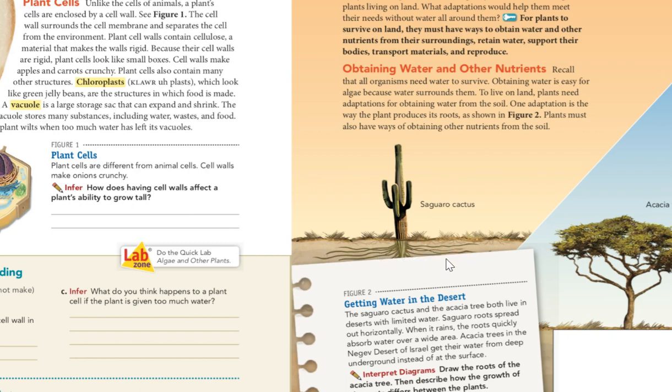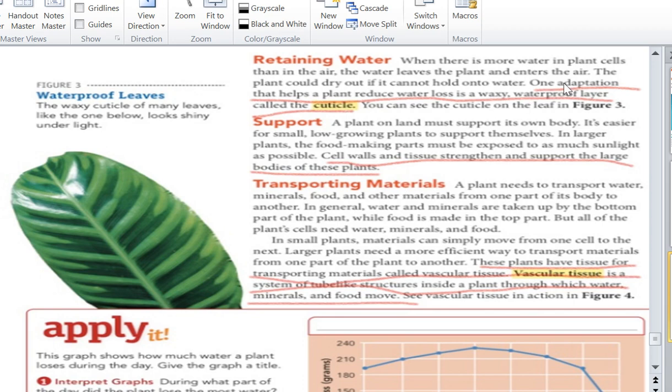An adaptation is a trait or a characteristic that helps a living thing live in its environment. One adaptation, retaining water: how plants are adapted to retain water. One adaptation that helps a plant reduce water loss is a waxy waterproof layer called the cuticle.